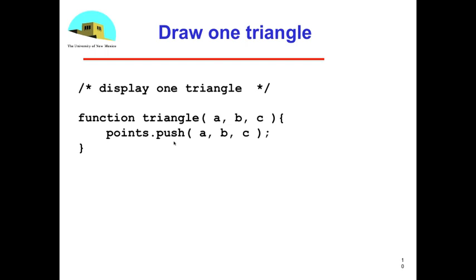Remember, everything is an object in JavaScript, and objects have methods that they inherit from the prototype object, one of which is push. So all I have to do here is push those 3 points onto the array that I've created.